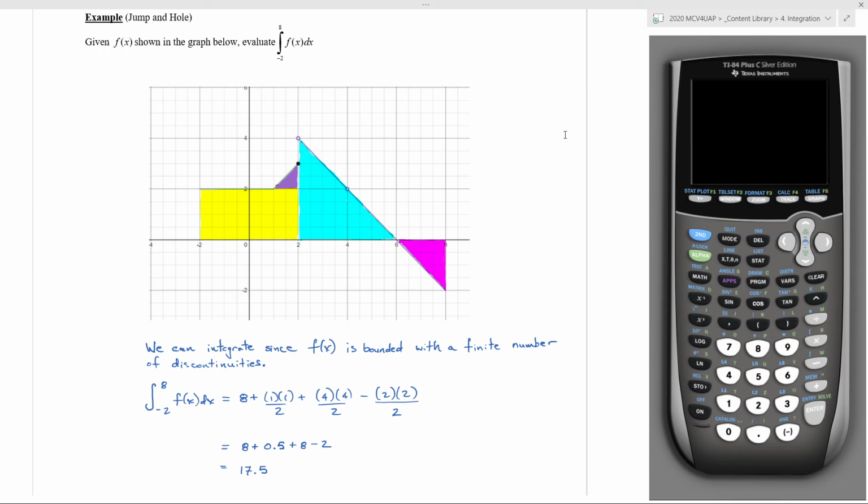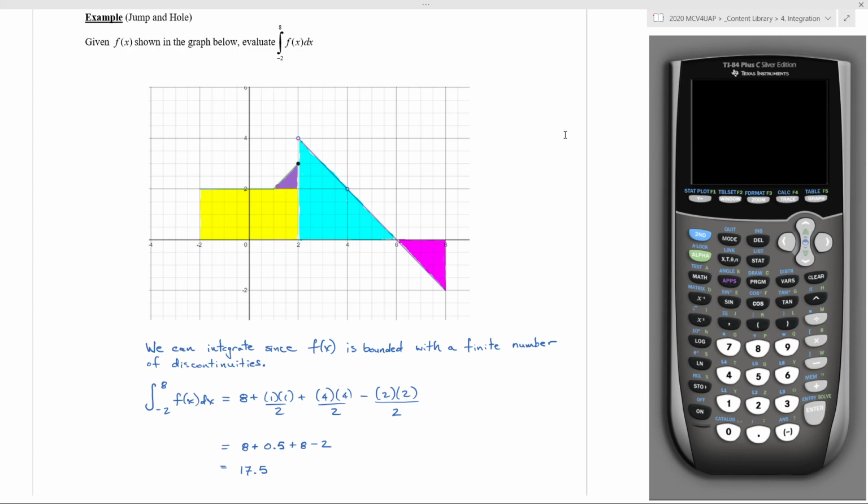Then the purple triangle is base times height divided by 2, so 1 times 1 divided by 2. The blue triangle, base 4 times height 4 divided by 2. And the pink triangle at the end, which will contribute a negative number, is 2 times 2 divided by 2. So we get a value of 17.5.